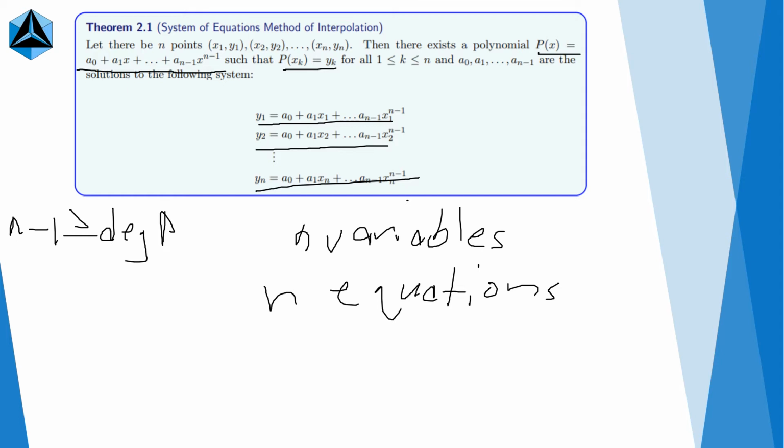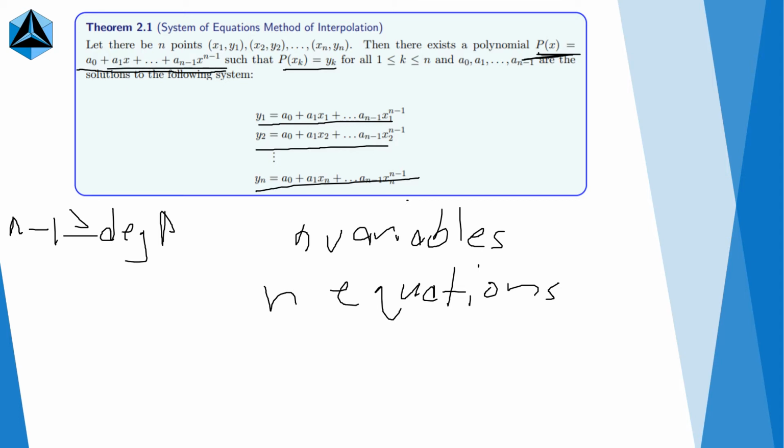The keen of you might say that maybe the system of equations has no solutions, or maybe it has infinite solutions. But again, just take for granted that such a polynomial exists and that such a polynomial is unique. If we take that to be true, then this system will always have a solution, and there will never be more than one solution. After we solve this system, we get all the coefficients, and then we just substitute that back into the form up here, and that's our polynomial.